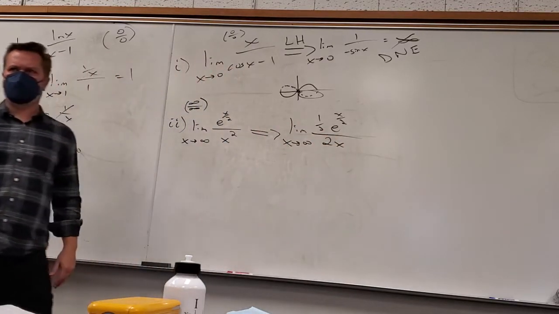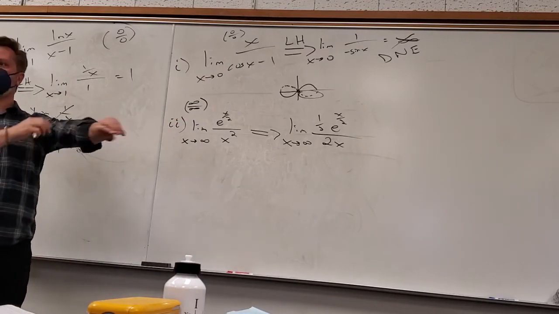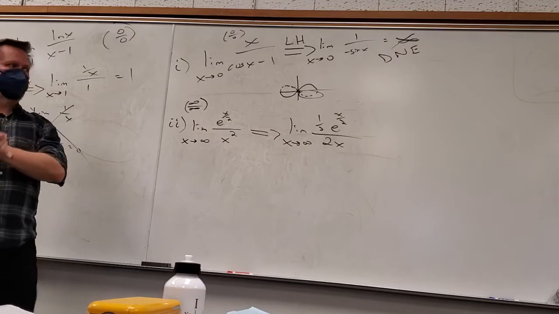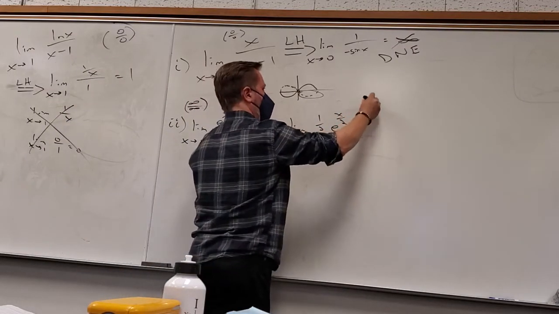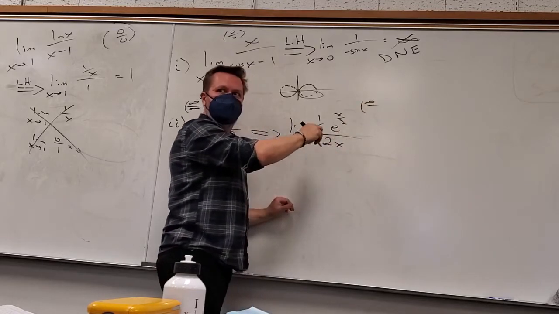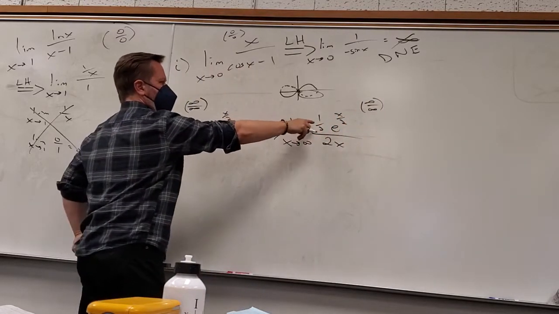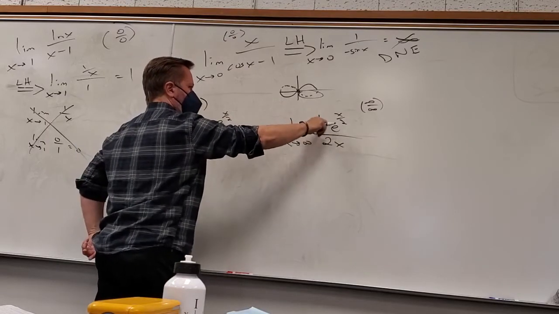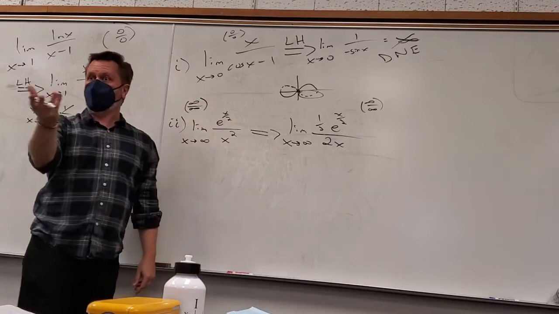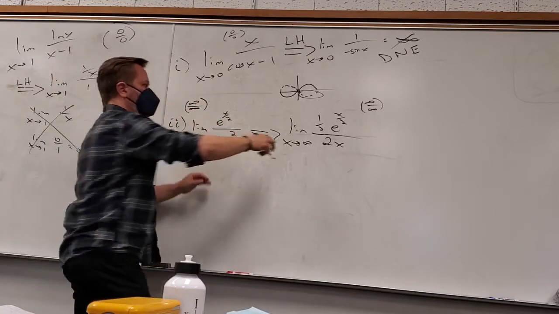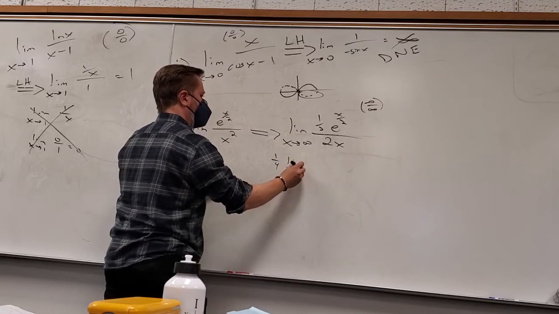What form is that in? Is that determinate yet? This is still infinity, right? And this is still infinity. By the way, what number is this really? 1/2 divided by 2? 1/4, right? So I'll just bring the 1/4 out, get it out of the way.